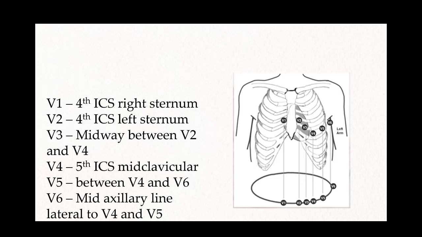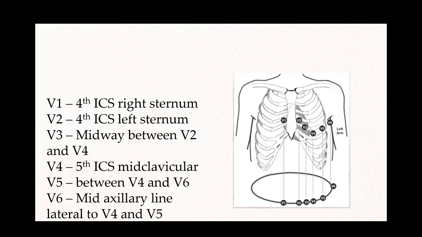The precordial leads are going to be the ones that are on the chest. Anything that has a V, V1 through V6, is a precordial lead. These are all on the ribs. V1 and V2 are at the 4th intercostal space, on the right and left sides of the sternum.